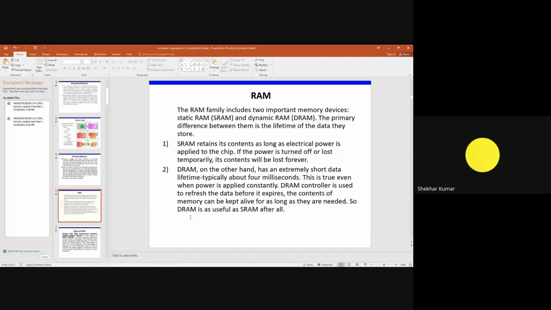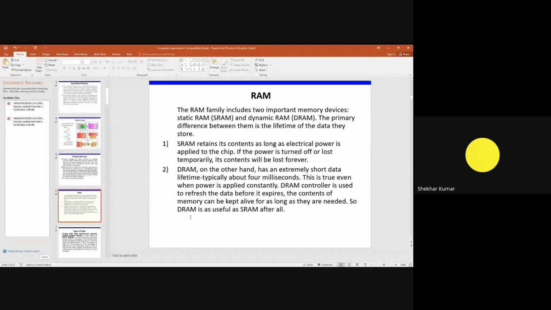Every cell in dynamic RAM consists of 1-bit information. And a cell is composed of a transistor and a capacitor. They are very small in size.